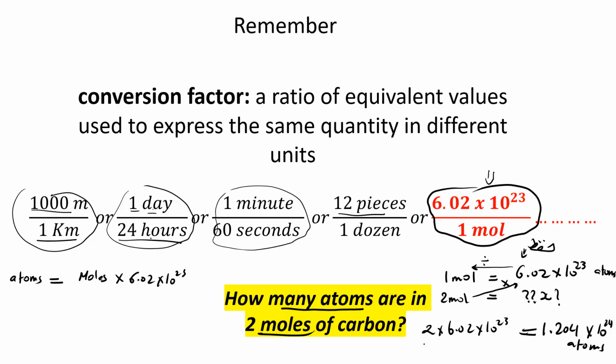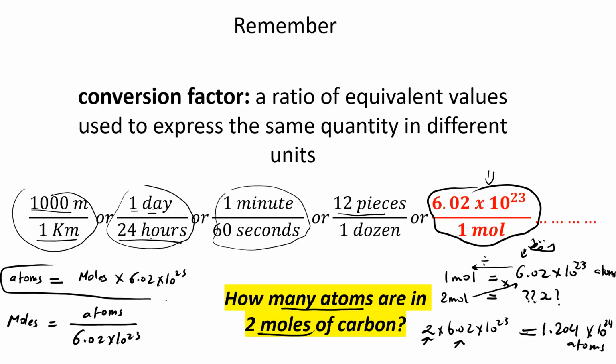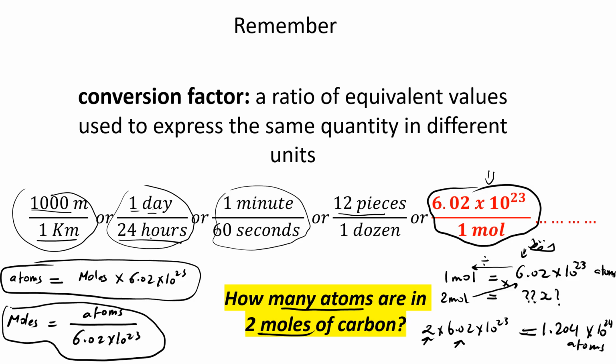That is what we did here, you see? We multiplied the moles by 6.02 times 10 to the power 23. If you want the moles, it's going to be the atoms divided by 6.02 times 10 to the power 23. If you get confused in the calculations, you can memorize this and it will be easy for you.